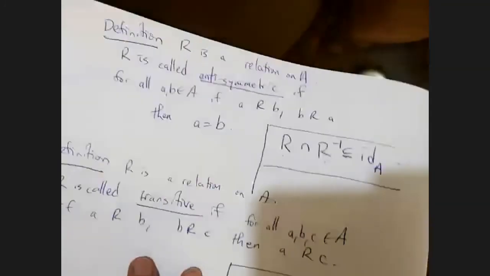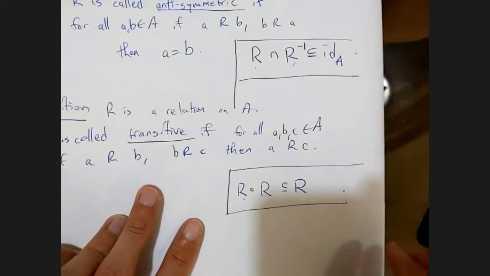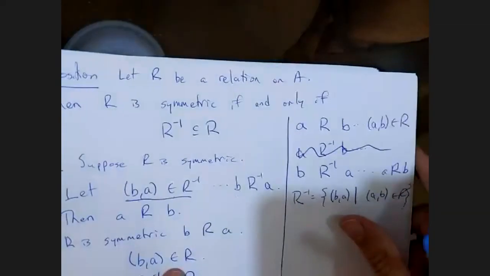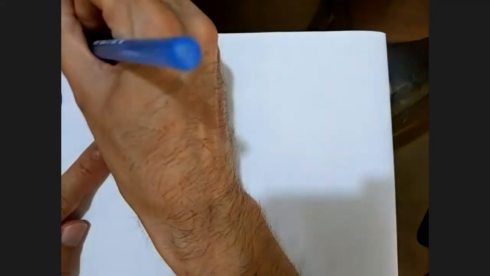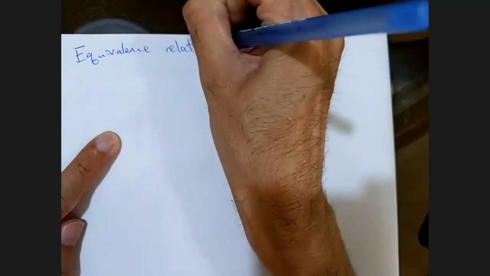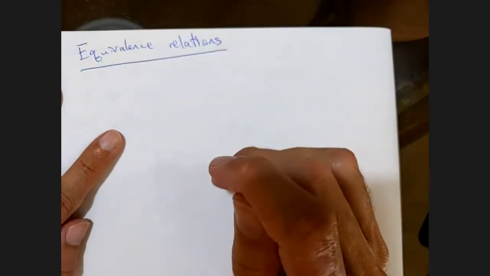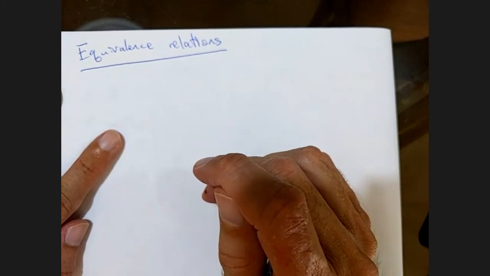Okay. So now we have kind of all our familiar terms again, like antisymmetric, symmetric, transitive, reflexive. So now we can define equivalence relations and partial orders. First, let's do equivalence relations. Okay, what's so great about equivalence relations?